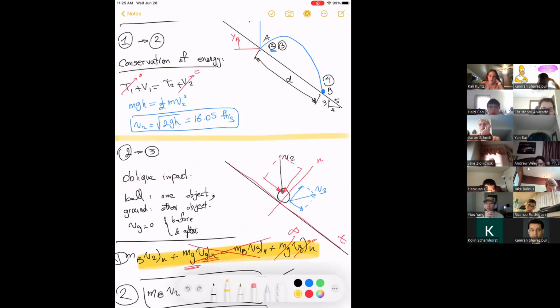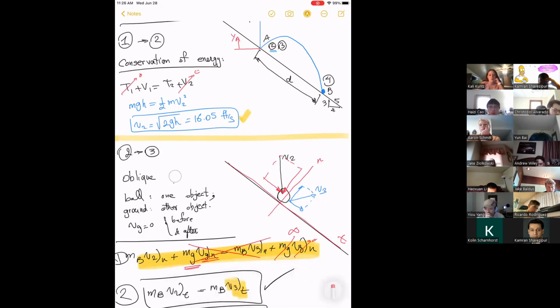We found the velocity just before impact. Between 2 and 3, it is an oblique impact. The ball is one object, as I said, and the ground is the second object. For the ground, the velocity before and after will be 0.